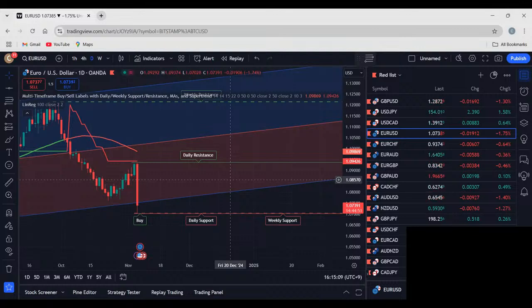When price reverses and gets to certain points, it indicates a daily resistance at so level, a daily support at so level, a weekly support at so level, and a weekly resistance at so level.